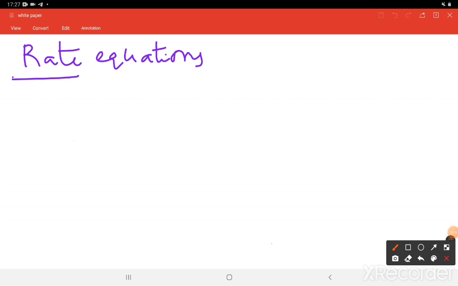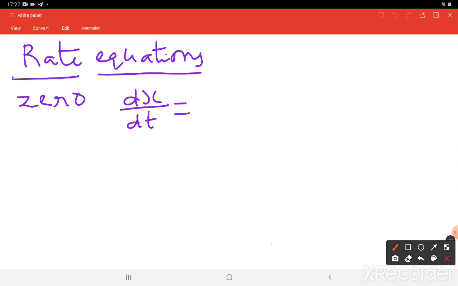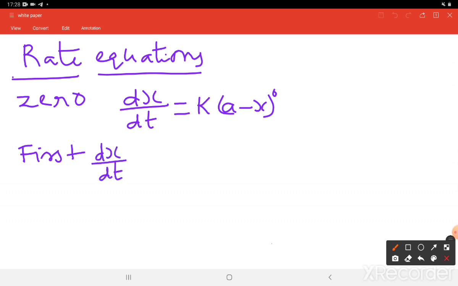Now we will write equations for different reactions. For zero order reaction, we will write dx by dt is equal to k (a minus x) power 0. For first order, dx by dt is equal to k (a minus x) power 1.